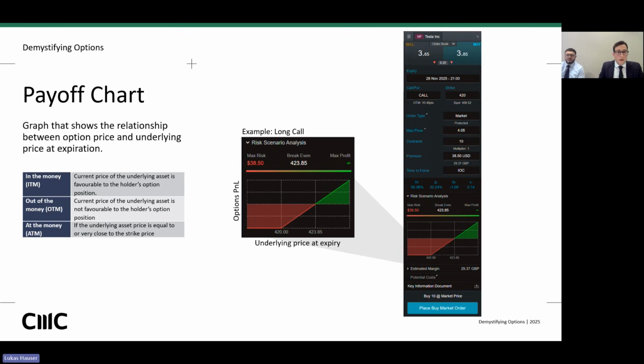In the money means that an option payoff is favorable for a client, and out of the money means that it's unfavorable for a holder of an option. In the case of this long call that we see here, that would mean that whenever the underlying price is above the strike of 420, we would be in the money. If we're below that, we would be out of the money. And if we're right at the strike, we would call it at the money.